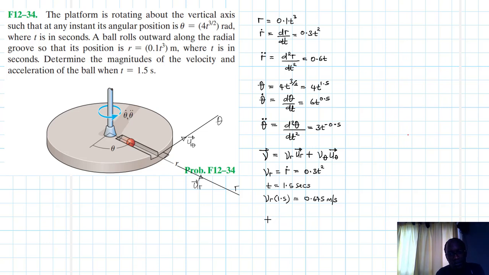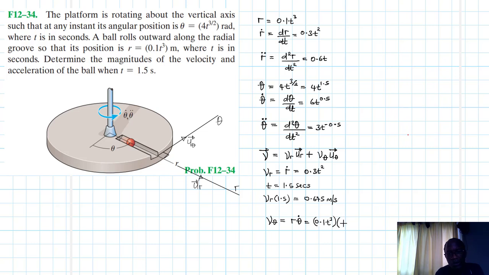So let's go to V theta. V theta is equal to R theta dot. Our R is equal to 0.1 t cubed, and theta dot is equal to 6t to the power 0.5. Again, how to derive this, you can get back to the books.